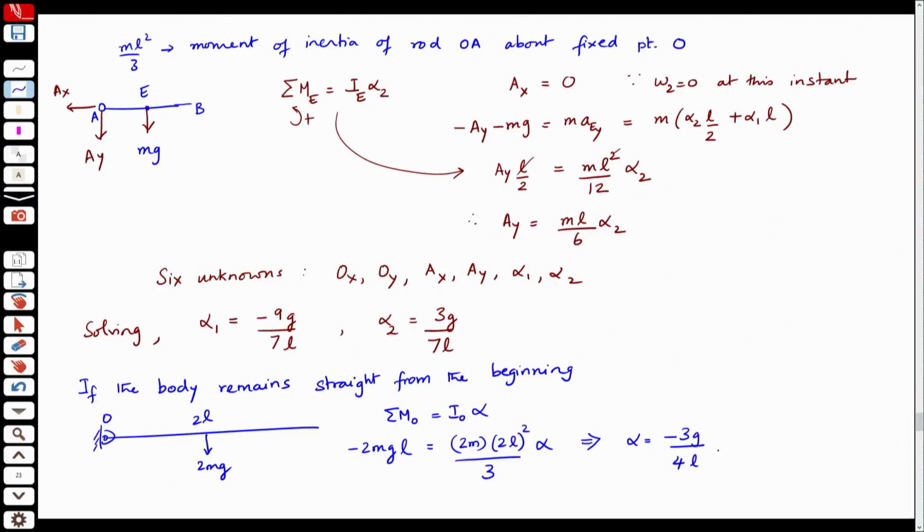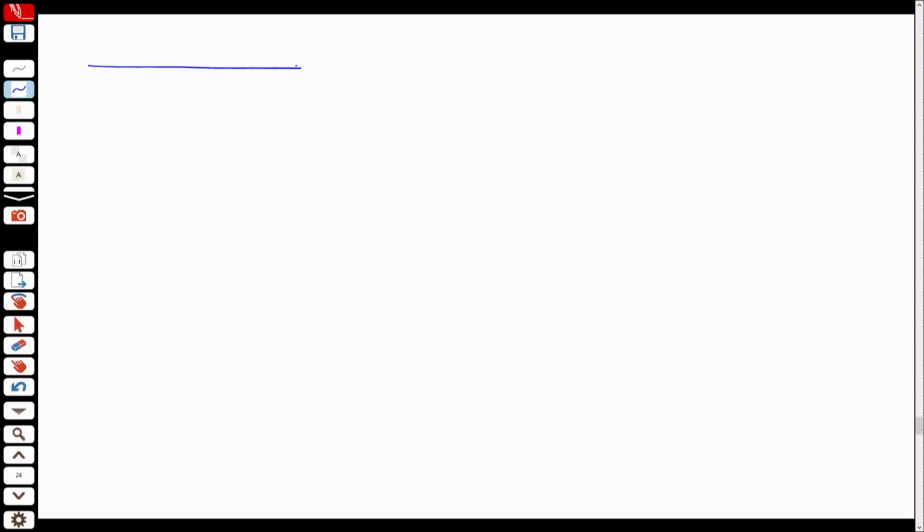Now I want to find out what moment has to be applied in order to achieve this. Let us say this is O, this is A, this is E. I have 2mg acting here. What would be the acceleration of the point E?